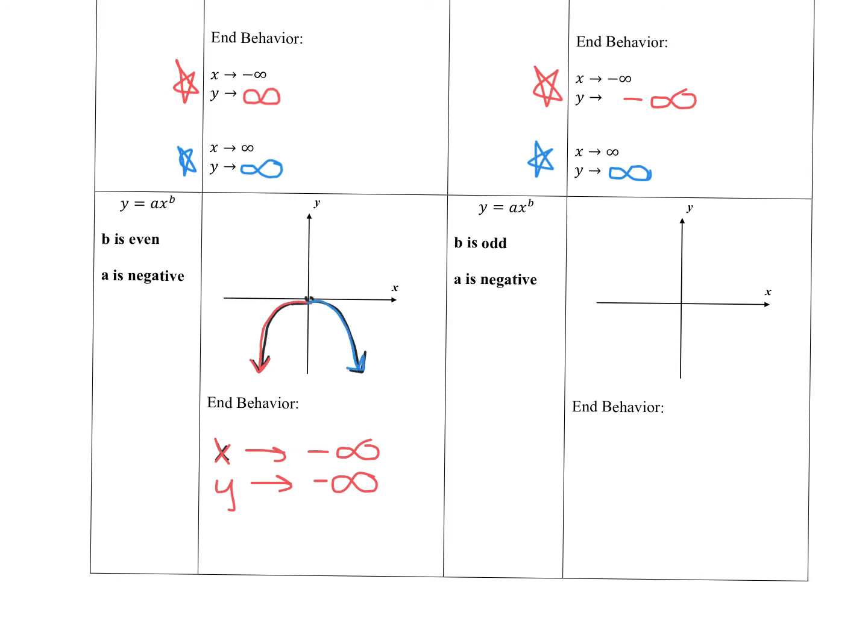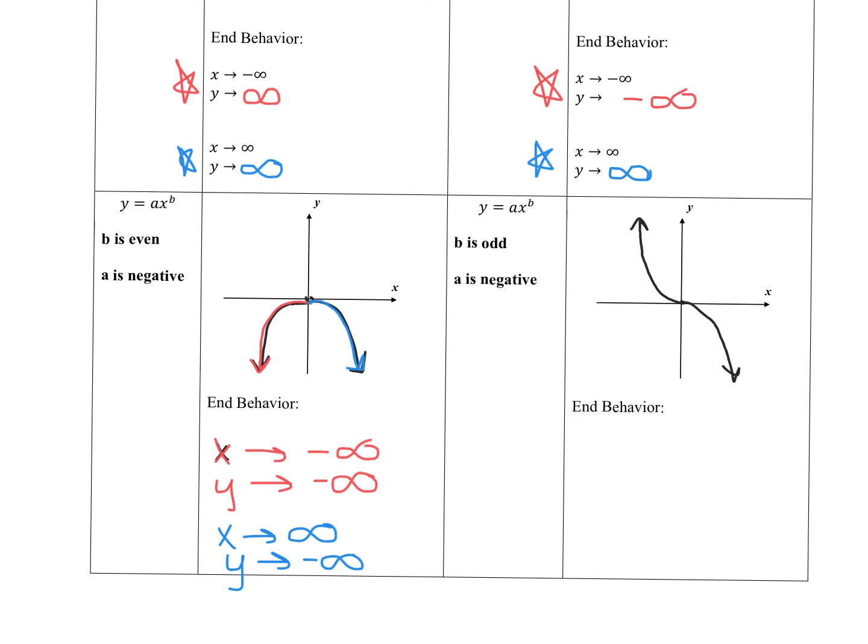On this side, as x goes to positive infinity, as x is getting bigger, y is still going down to negative infinity. And my last generalization for these power functions, which as I said carries over to those polynomial functions we'll be doing, looks like this. B is odd and a is negative, so it goes in that direction.